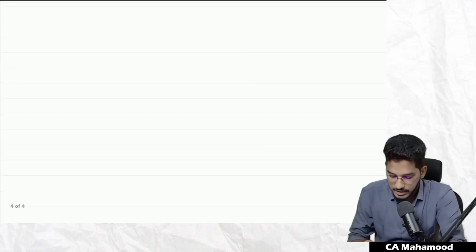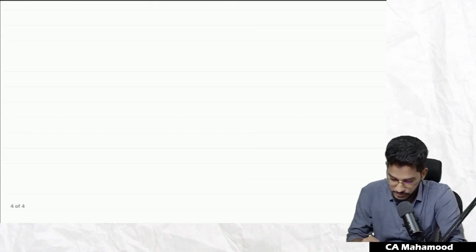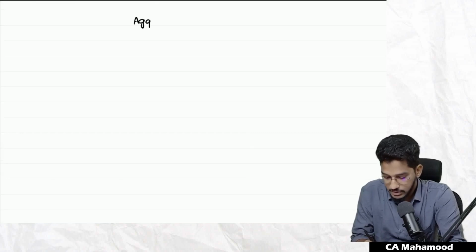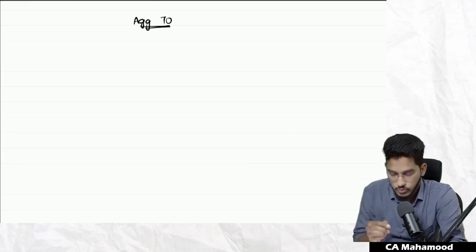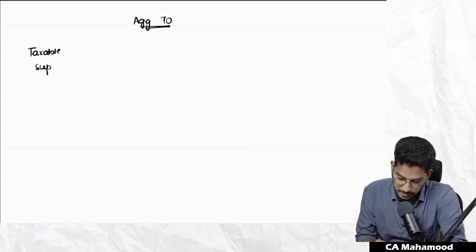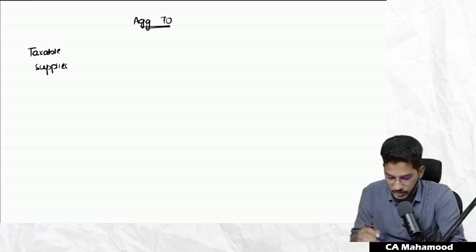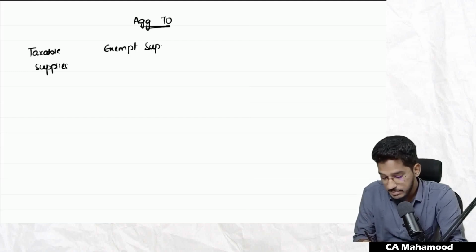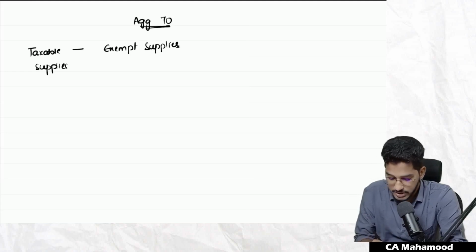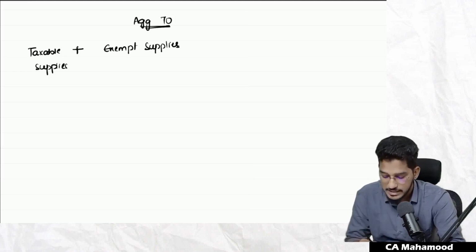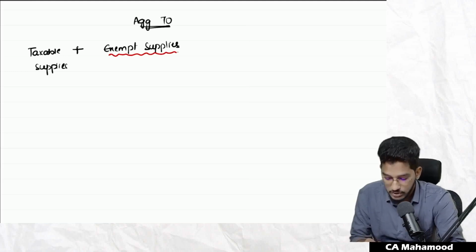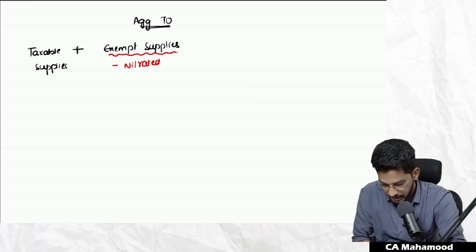So what they are saying, aggregate turnover. What is aggregate turnover? Sum of all. What sum of all? It includes the sum of taxable supplies, that means which attract a rate of tax. It includes exempt supplies also. When I say exempt supply, as per the definition we just covered, what will be included in the exempt supply? It includes nil rated supplies. It includes wholly exempted supplies.